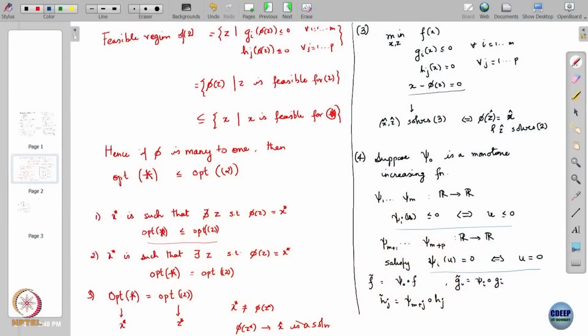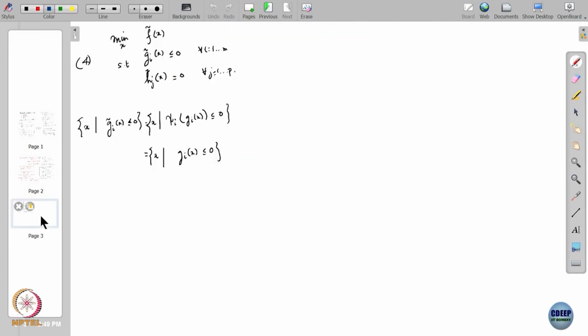Likewise, for the equality constraints, you have that psi i of u is equal to 0 if and only if u is equal to 0. Which means that 0 is the only zero of this function psi. It can have whatever shape you want, but it has only one zero, which is at 0. So, in that case the set of x's for which h tilde j of x is equal to 0 is the set for which h j of x is equal to 0.